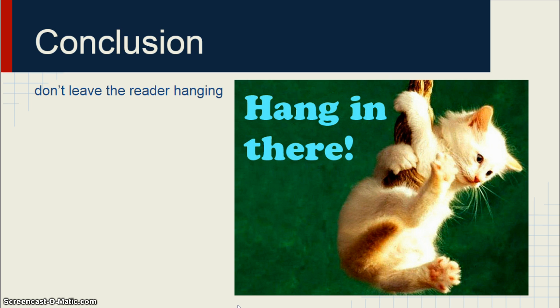They just leave the reader hanging, and we don't want to do that. And we also don't want to leave it up to the reader to draw her own or his own conclusions. We want to wrap things up nicely and succinctly. We want to make sure that we've connected the dots and made the points that need to be made.